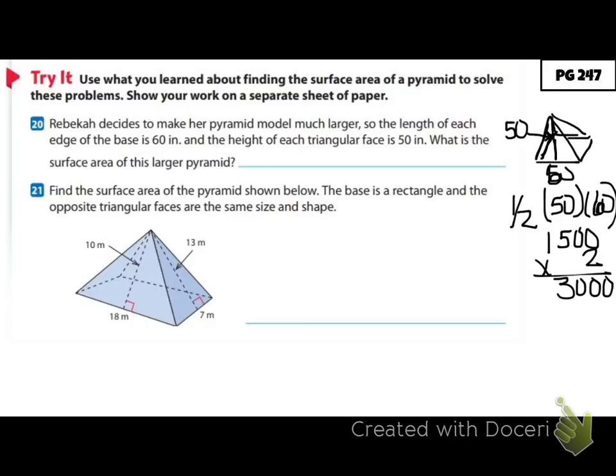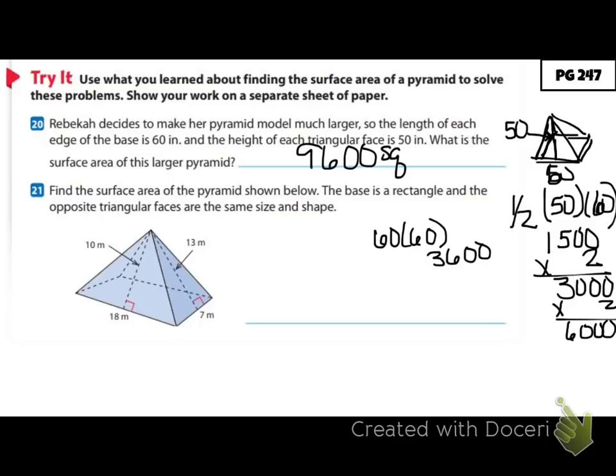But if I multiply it by 2, that's only 2 of the sides. I actually have to multiply it by 4, or multiply this by 2 again, which would be 6,000. Sorry about that. But then I find the area of the base, which would be 60 times 60, which is 3,600. So 6,000 plus 3,600 would be 9,600 square inches.